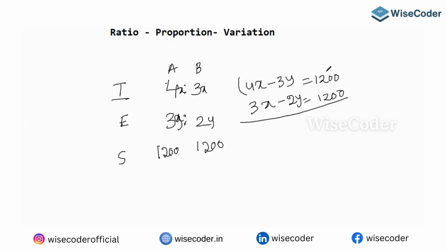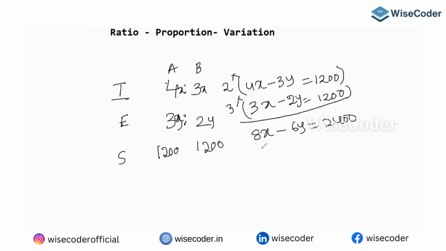Multiply the first equation by 3 and the second by 2. 4 2s are 8x minus 3 2s are 6y, 12 2s are 24, that is 2400.